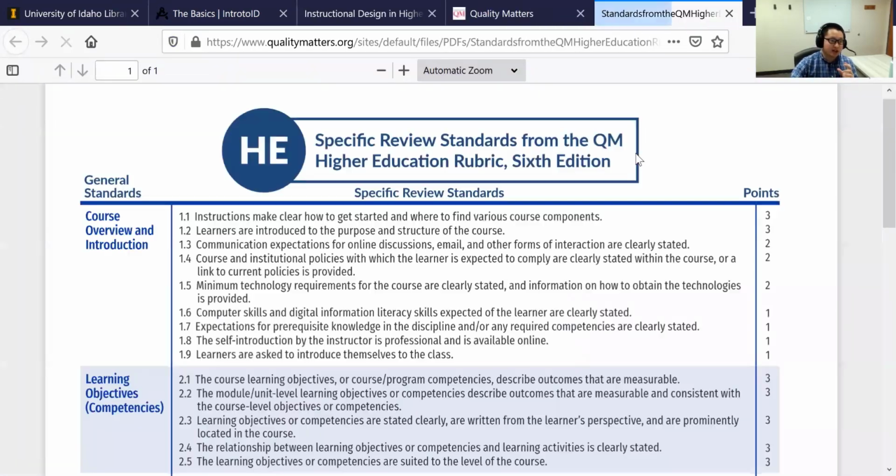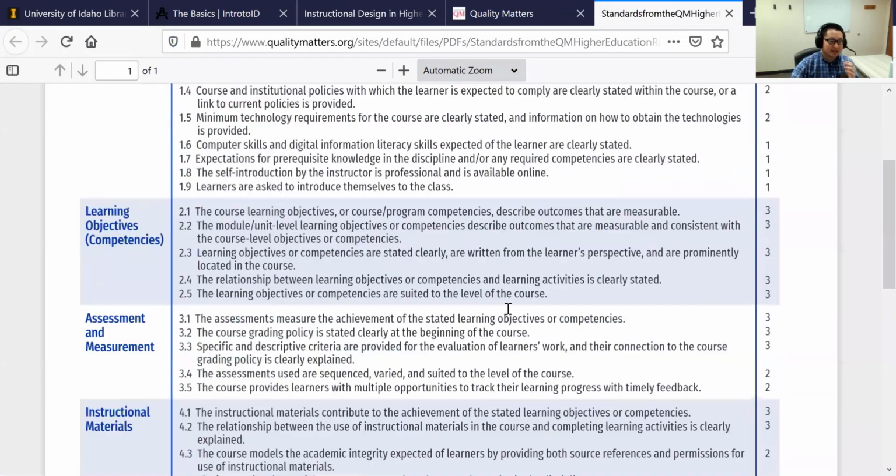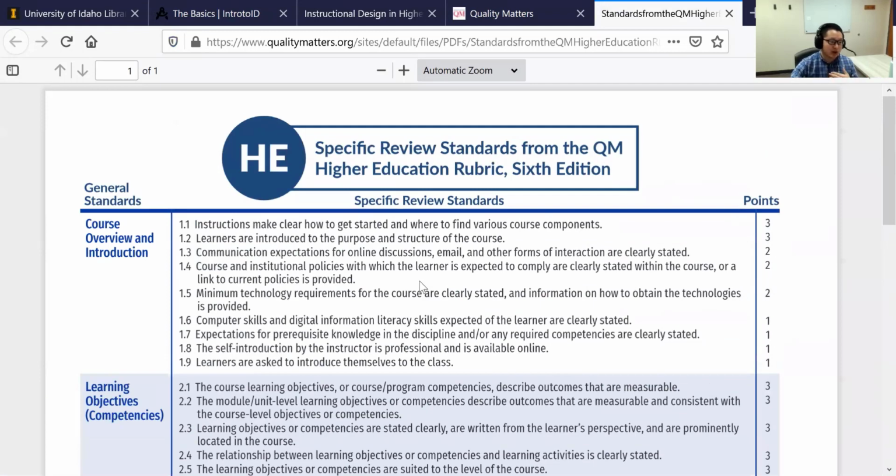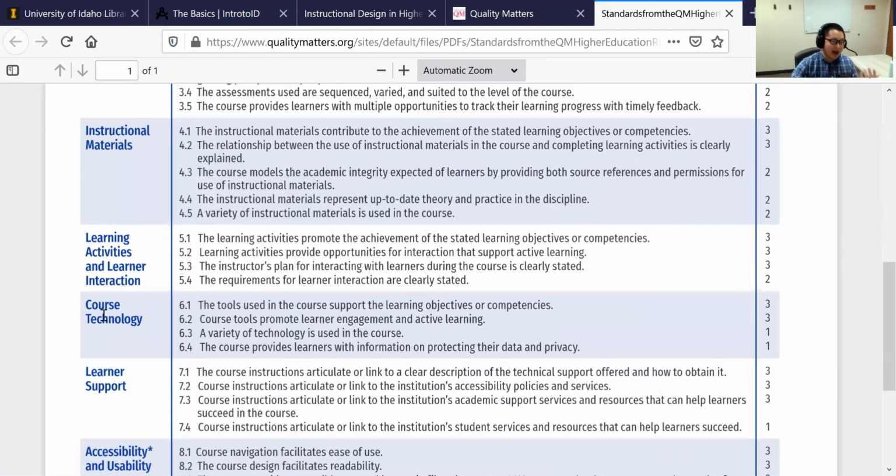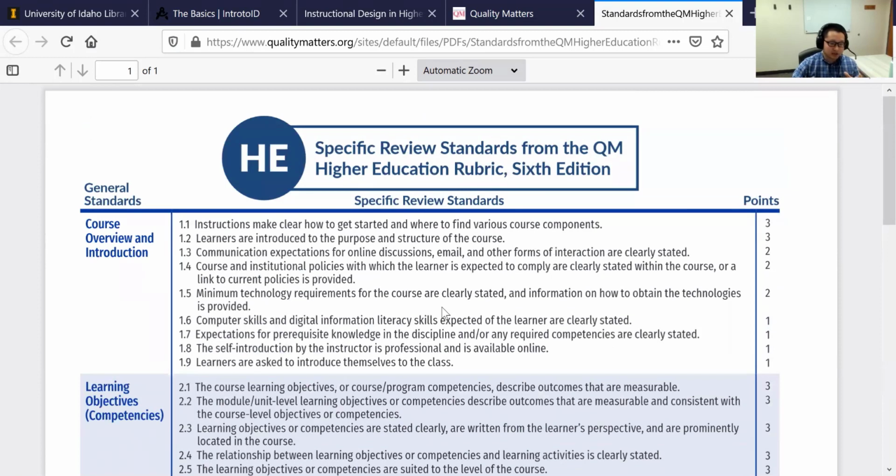The higher education rubric is a set of standards related to many different categories, specifically for online or hybrid classes, courses that have an online component.